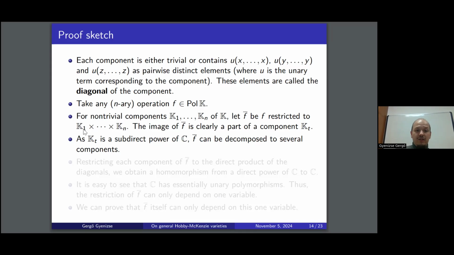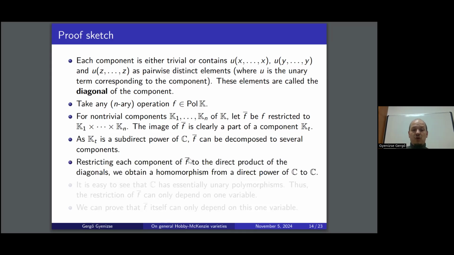If they are non-trivial, then they will have diagonals that are isomorphic to C. So each component of overline F restricted to the diagonals, the diagonal of this times diagonal of this times diagonal of this, will be a graph homomorphism from a direct power of C to C.